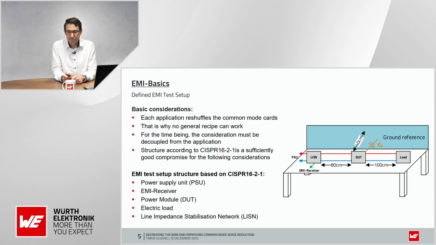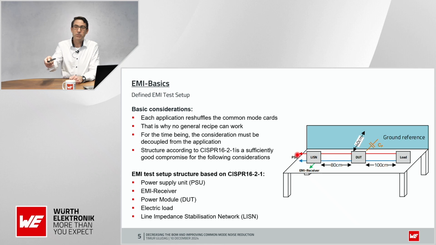To have a test setup that is not interfering with the device under test, we have our device under test. This is the evaluation board with the power module or the digital isolator. We have the input cables. We have our LISN, the line impedance stabilization network, so that we can see over the EMI receiver how the EMI performance is.